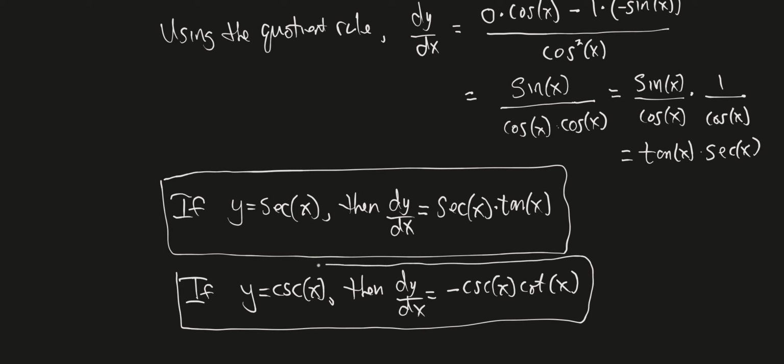We now have the ability to differentiate all 6 trigonometric functions, right? Now, in the spirit of full disclosure, the most important ones that we will use will involve sine, cosine, and tangent, right? Every now and again you'll get a secant. Very rarely will you get a cosecant, except in those questions where they're just making sure that you have the ability to differentiate any of them.